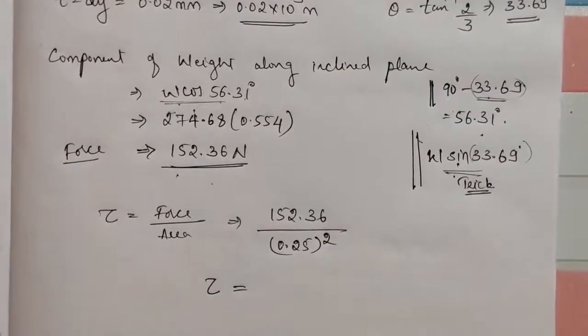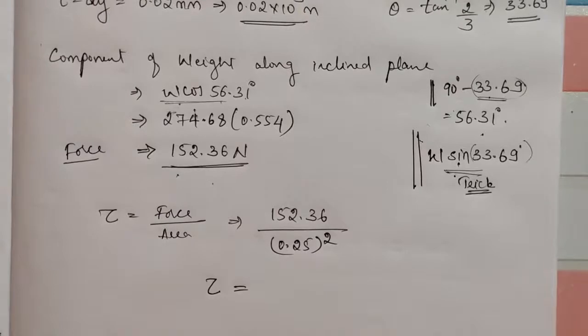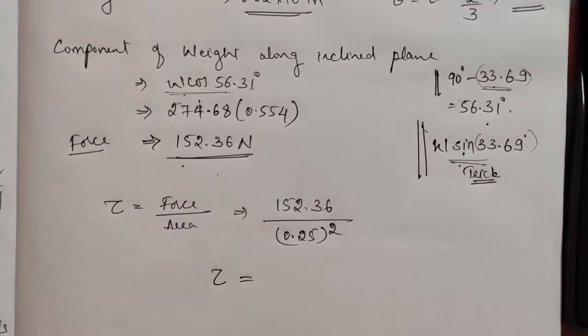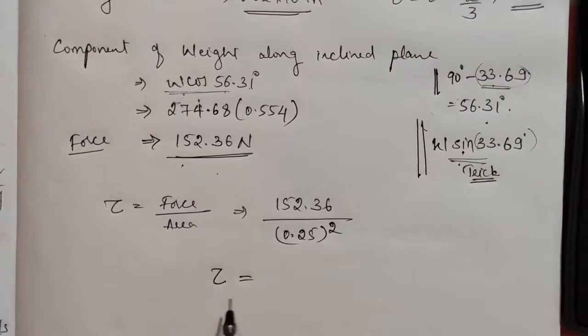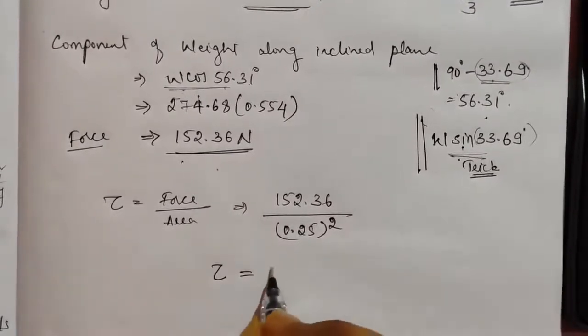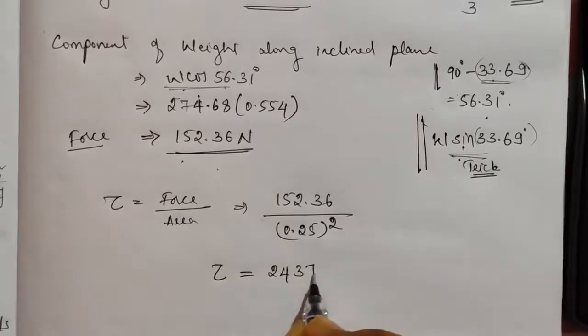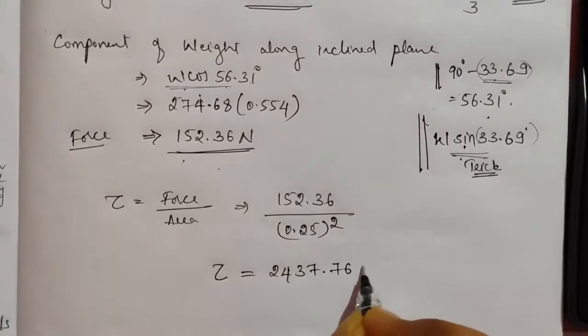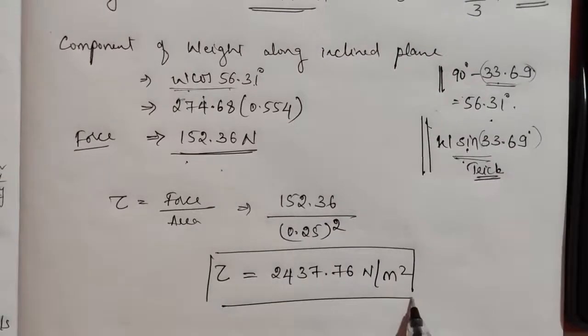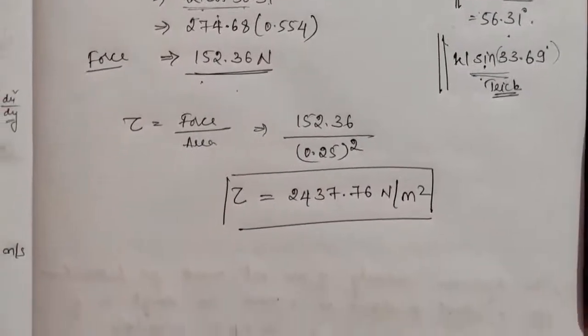So the value of tau will be 152.36 divided by 0.25 square, which is 2437.76 Newton per meter square. So I got the value.